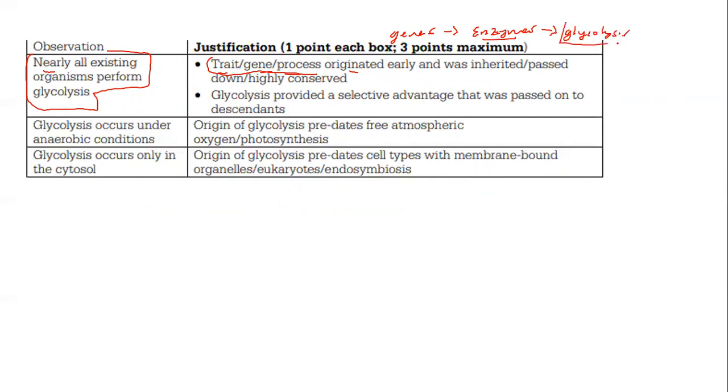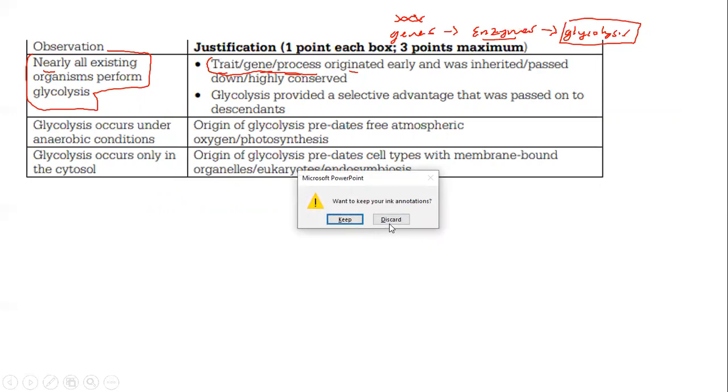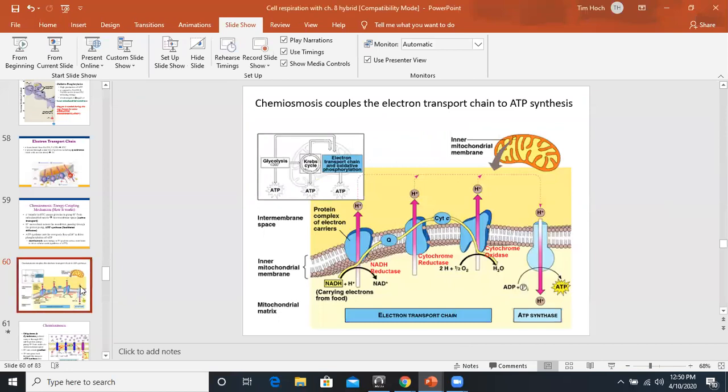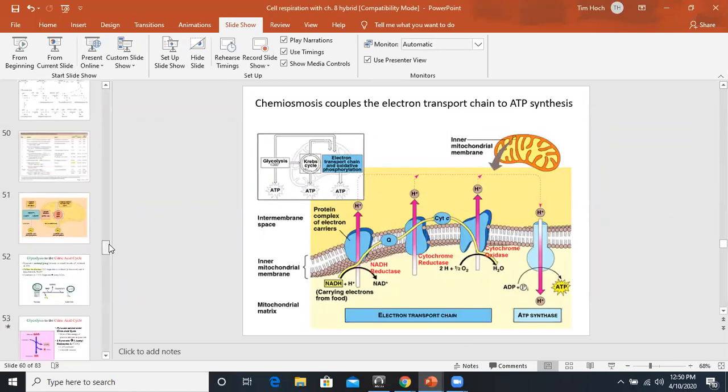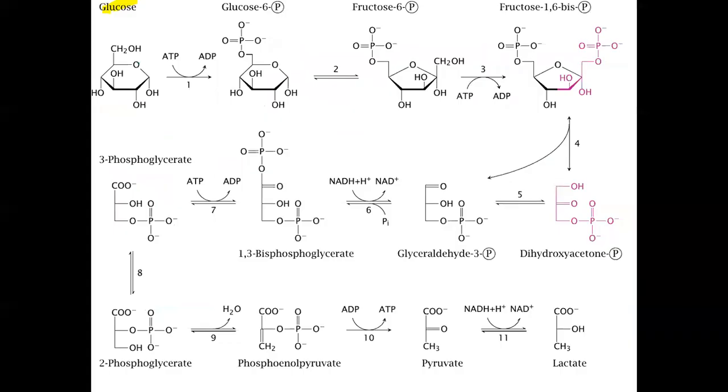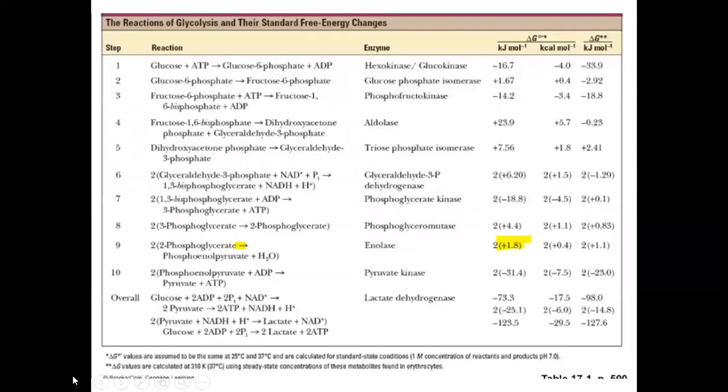It served some benefit, those genes that we have, so the DNA was passed down to make the enzymes that allow glycolysis to take place. It's a really weird thing to think about when you consider everything we are capable of. But when you think about the genes we share with really all species, if you go back to the slide on glycolysis, there are enzymes involved, and here's the list of all the enzyme names for each one of these. When you take biochemistry in college, you're most definitely going to have to memorize each one of these.